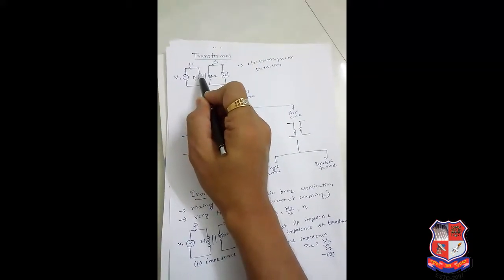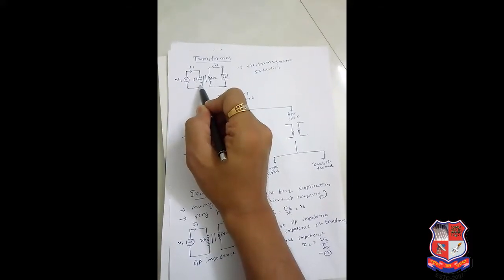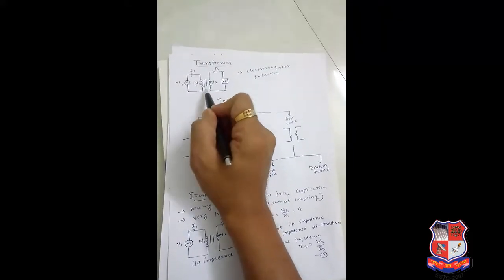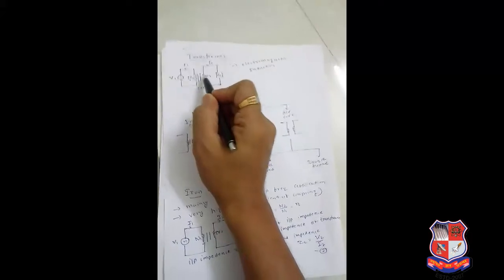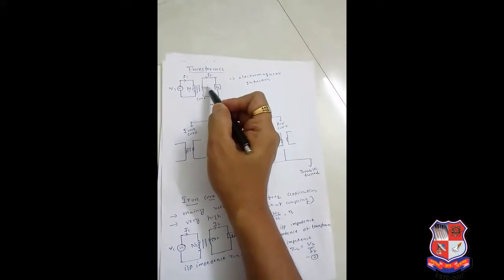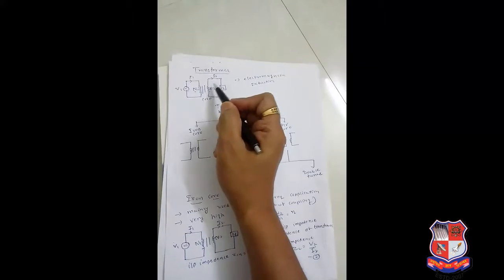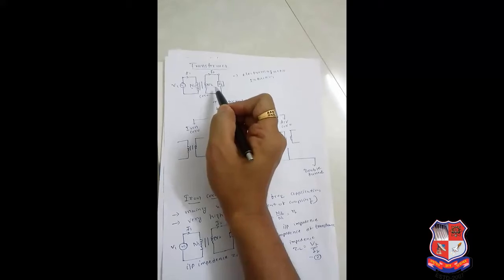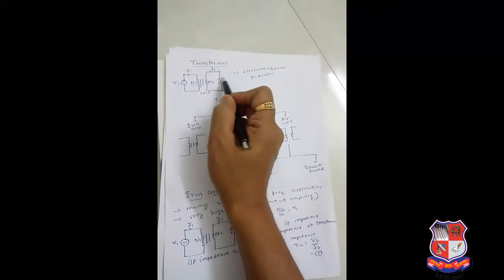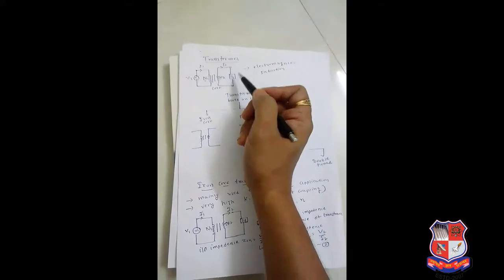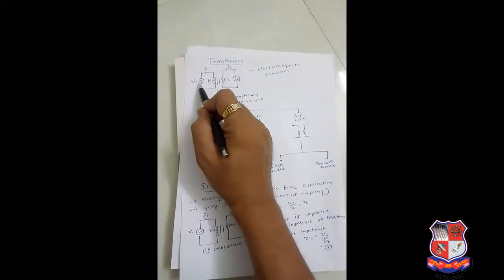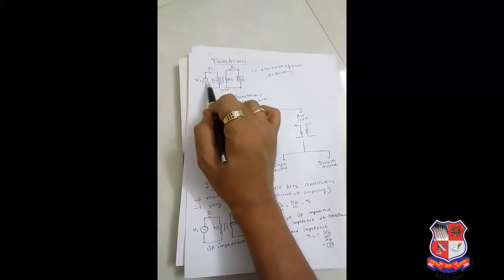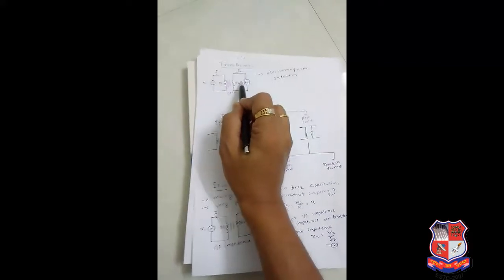Because of that current, some flux is generated in the primary winding, and that flux is linked to the secondary winding via the core. In the secondary winding, again because of that flux, current is generated, and that current is passed to the load which is connected to the secondary winding of the transformer. So here we are connecting the voltage source at the primary winding, and that energy is transformed from the primary winding to the secondary winding.